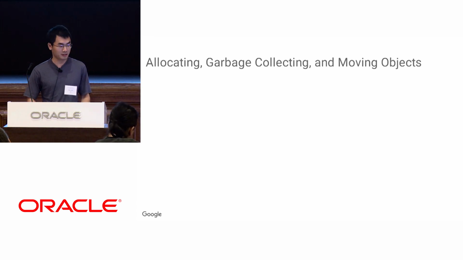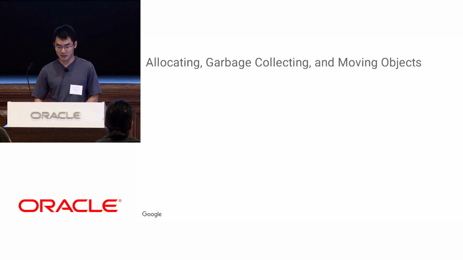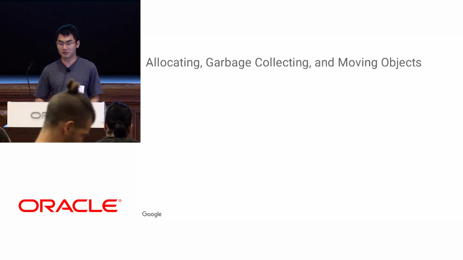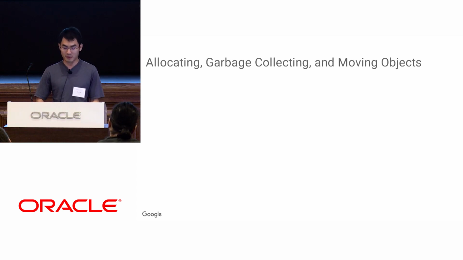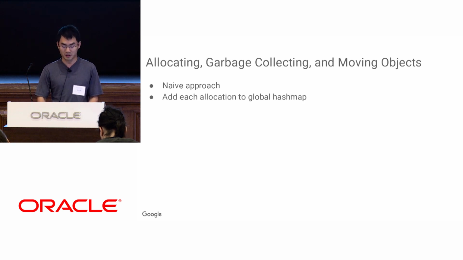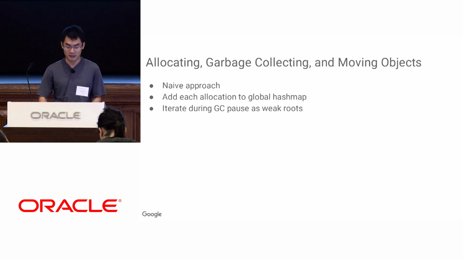Okay. One key difference between LLVM TSan and Java TSan is that Java has garbage collection. So you need to notify TSan how objects are allocated, garbage collected and moved. In order to do that, the current Java TSan implementation uses a naive approach: at each allocation you add the object to a global hash map, and during a GC you iterate through that hash map and treat all the object references as weak roots.